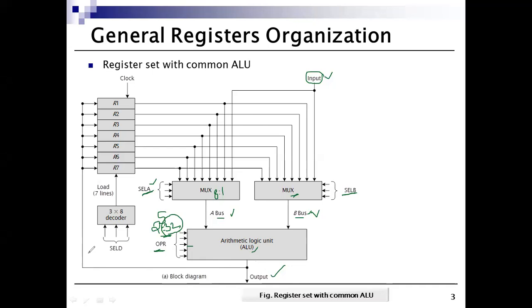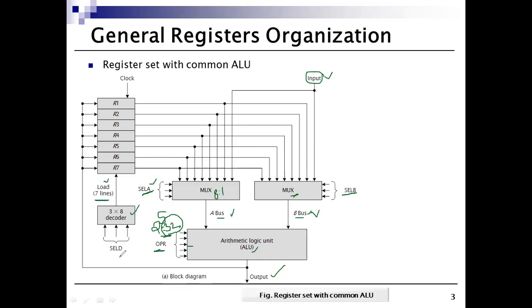The same output bus is connected to the inputs of all the registers, out of which only one particular register's load control will be activated based on the instruction. Okay. So the instruction that you have given will specify the destination register. Out of the 7 destination registers, one corresponding register load line will be activated, which can be done by using a 3 to 8 decoder.